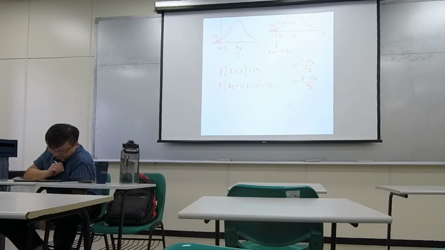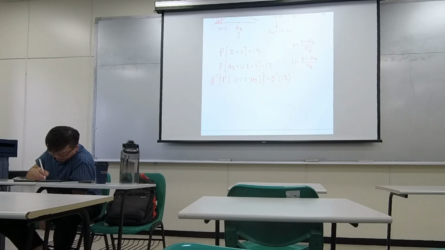And if I convert this whole thing by the inverse of this, I can rewrite it as u smaller than 3 minus mu x, equals the inverse of 1%.